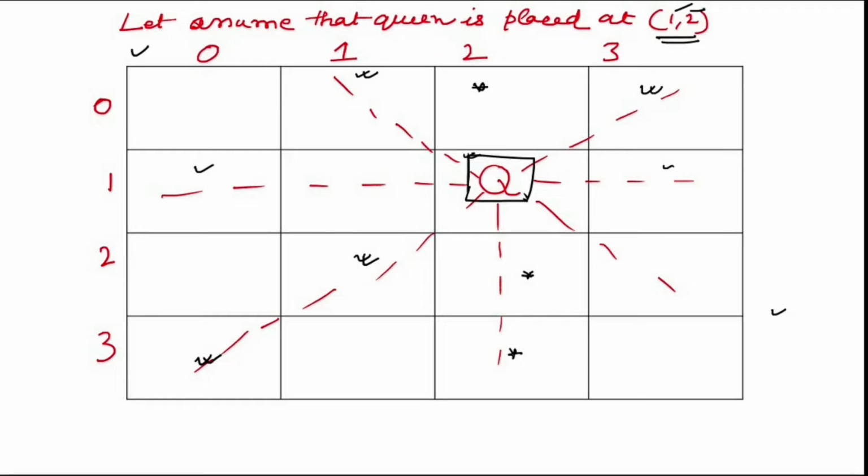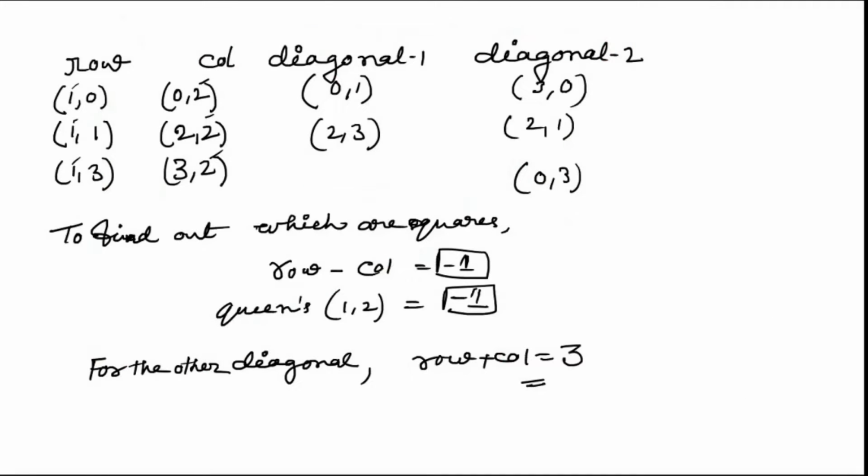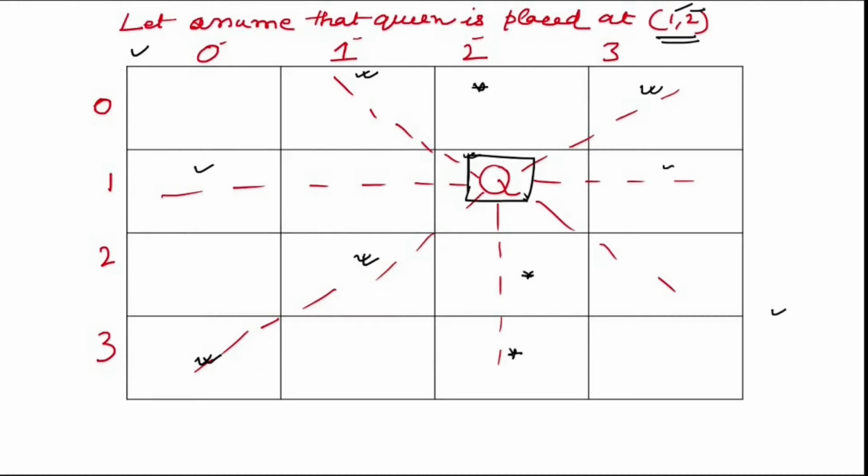We have indexed the columns 0th, first, second, third, and the rows 0th, first, second, third. So we will see row wise, column wise and diagonal wise which possibilities are there that existing queens will be under attack for the queen that we have placed here.